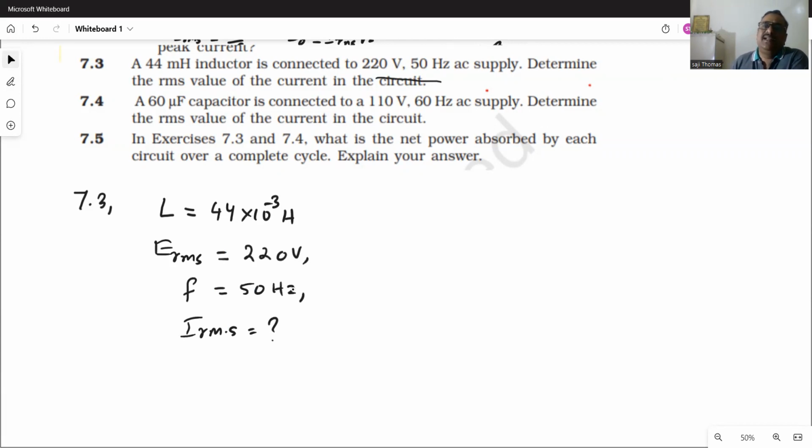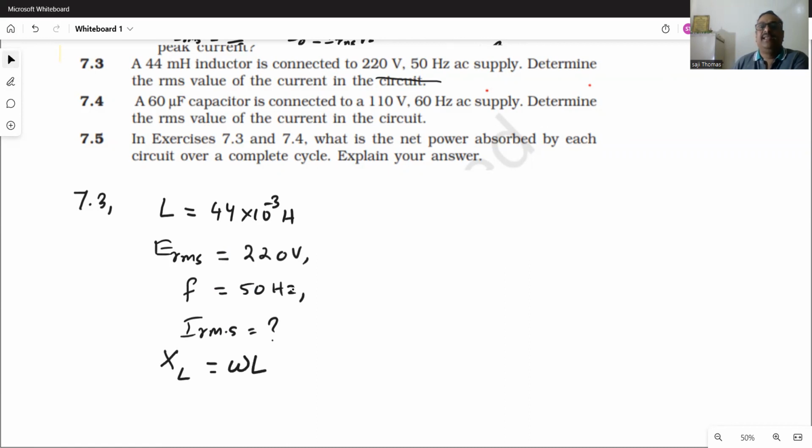See, this circuit contains only an inductor. Inductor means a coil. So you know inductive reactance, XL. What is the equation?